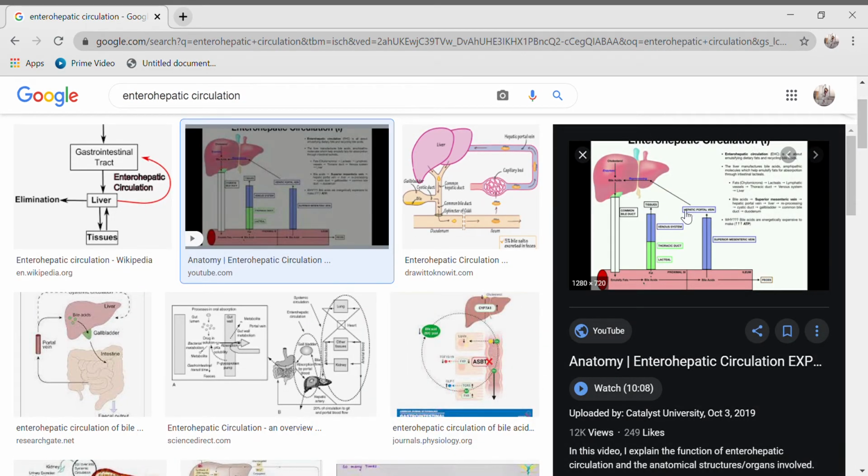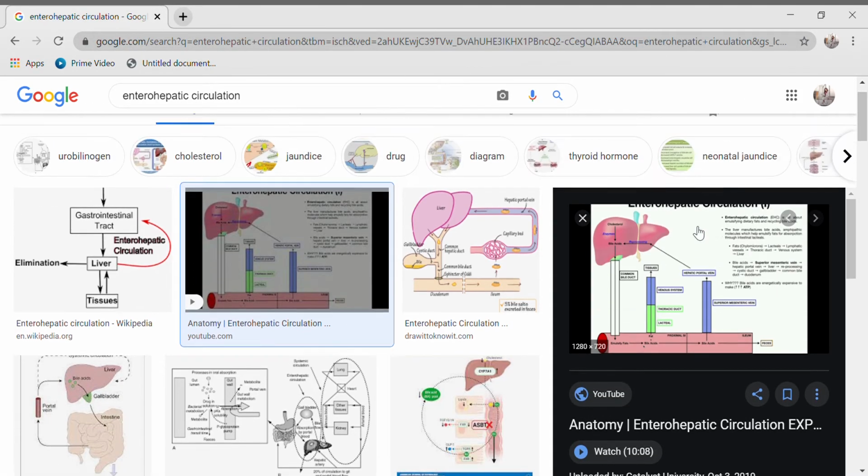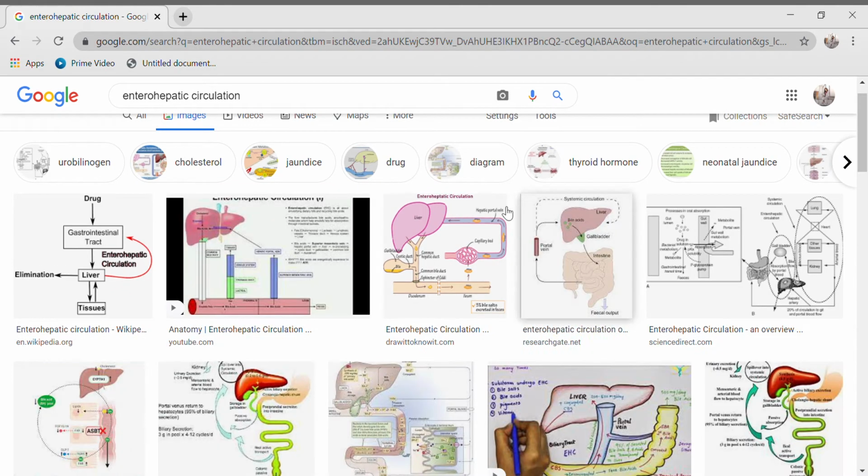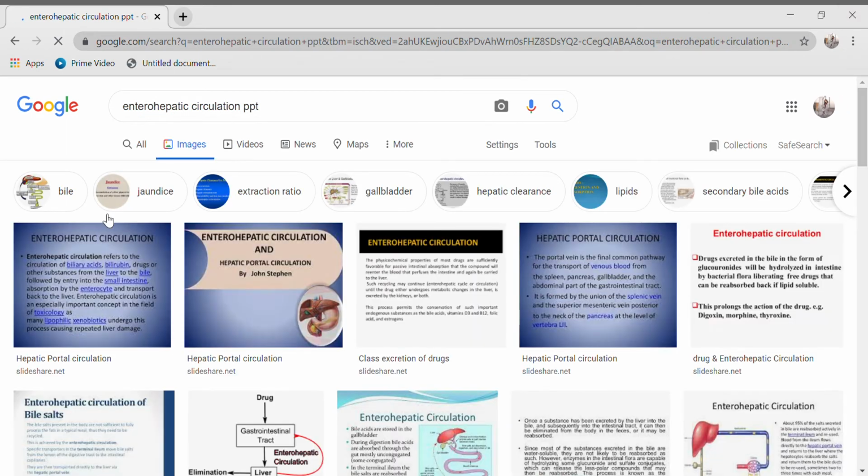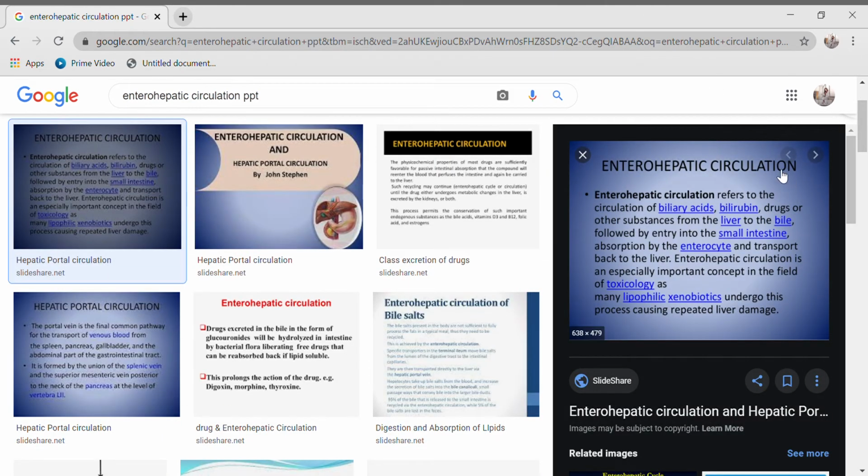So in enterohepatic circulation, what do they mean? It refers to the circulation of biliary acids, bilirubin, drugs from the liver to the bile, followed by the entry into the small intestine, absorption by the enterocytes, and transport back to the liver.